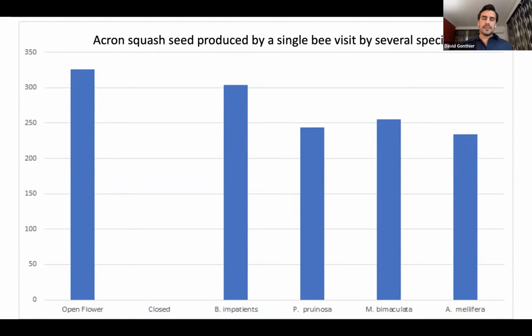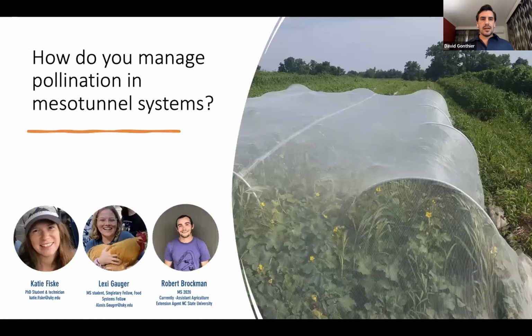So the big question for trying to manage these bees is really whether you're going to try to use the wild pollinators that exist on your farm in large numbers, or whether you want to try to purchase commercial bumblebee hives as another opportunity to introduce to the Mesotunnel system.